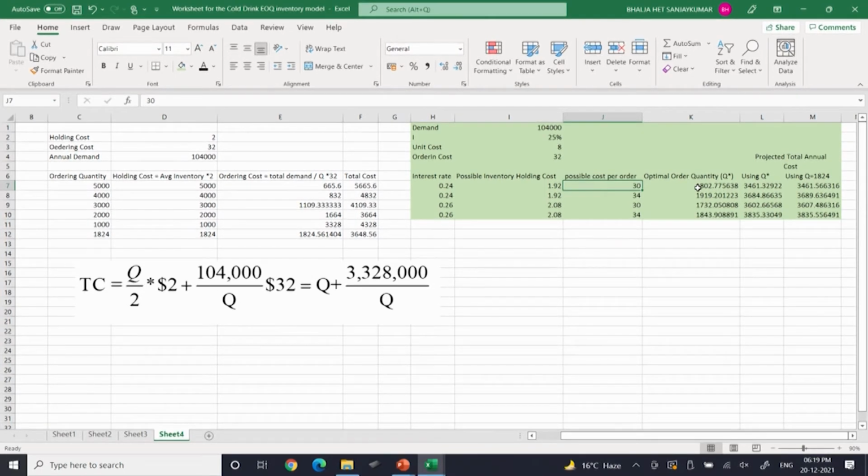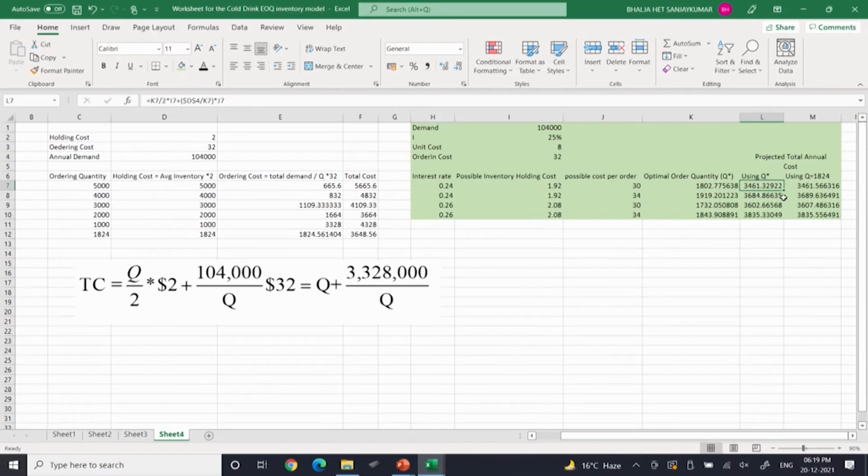When I click K7, I have used our traditional formula, square root of 2D C naught divided by CH. So, for the 1.92 holding cost and 30 ordering cost, the EOQ is 1802. For this 1802, what is the total cost? I am going to substitute this 1802 into my total cost function.